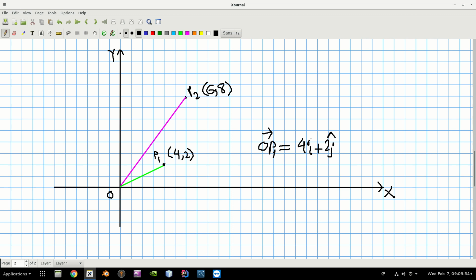I should put hats over here because these are unit vectors. Again, OP2 is going to be 6i hat plus 8j hat. So easy stuff right there. Now what I'm more interested in is a vector that goes from P1 to P2. This is what I want to find out.